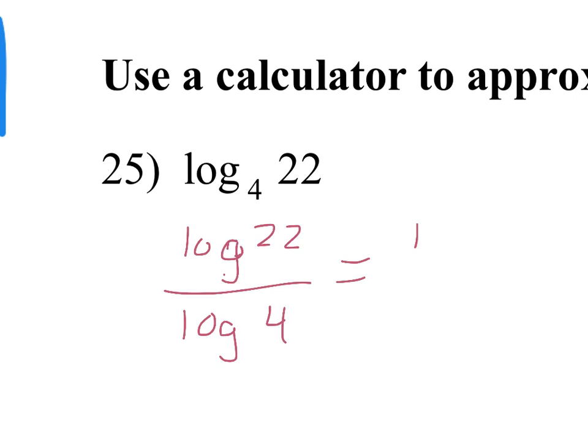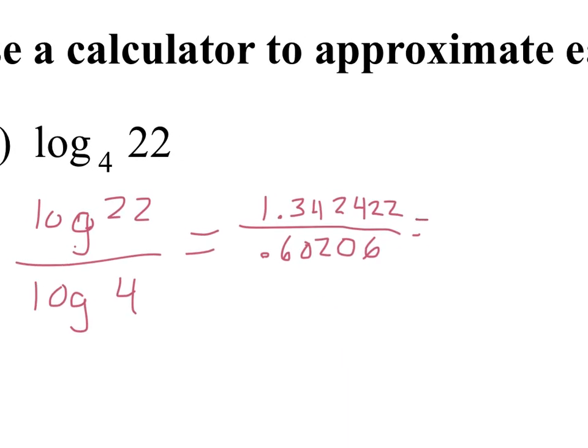So the log of 22 is 1.3424. And then the log of 4 is 0.60206. And now we just divide these two together.